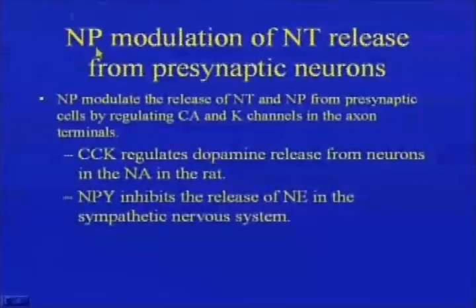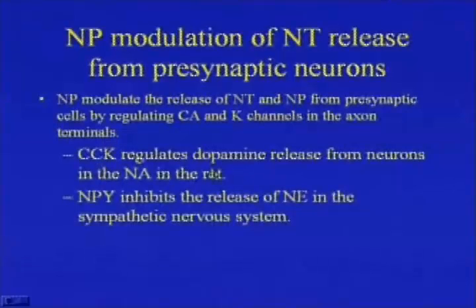In addition, as we said, the neuropeptides can modulate neurotransmitter release from the presynaptic neurons. So the release of the neurotransmitter or the neuropeptide from the presynaptic cells, usually through regulating the calcium and the potassium channels. A lot of convergence on these two guys here, as we're seeing. However, in the axon terminals.